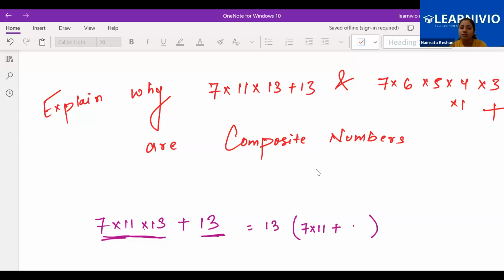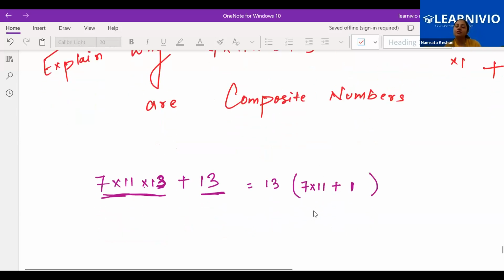Just 13 is there, so 1 will be remaining, right? Here, if we want, we can do the calculation of the bracket term: 7 into 11 is 77, 77 plus 1 is 78.